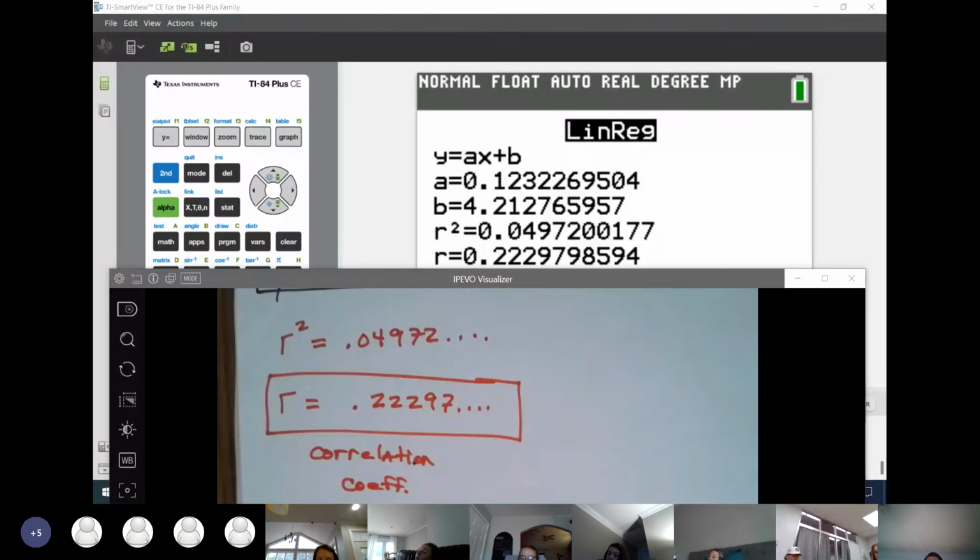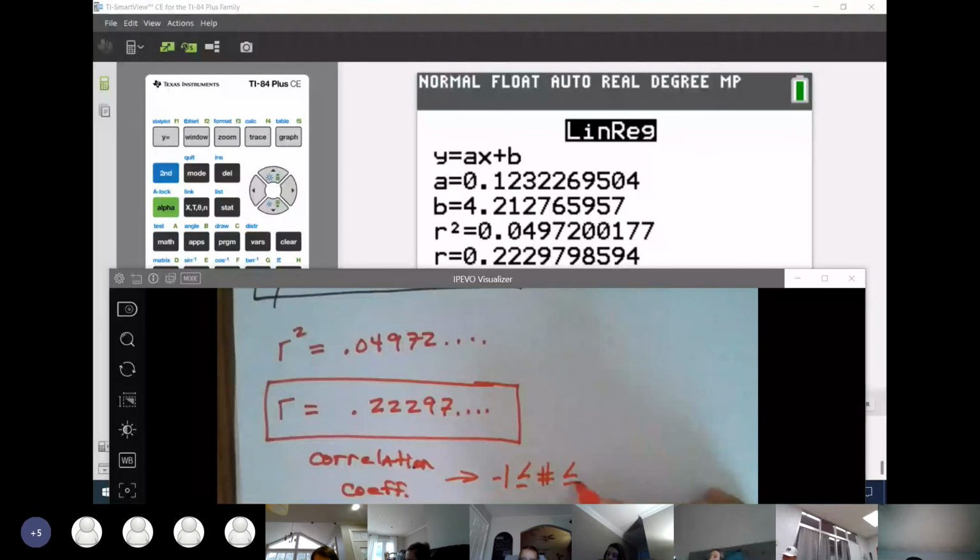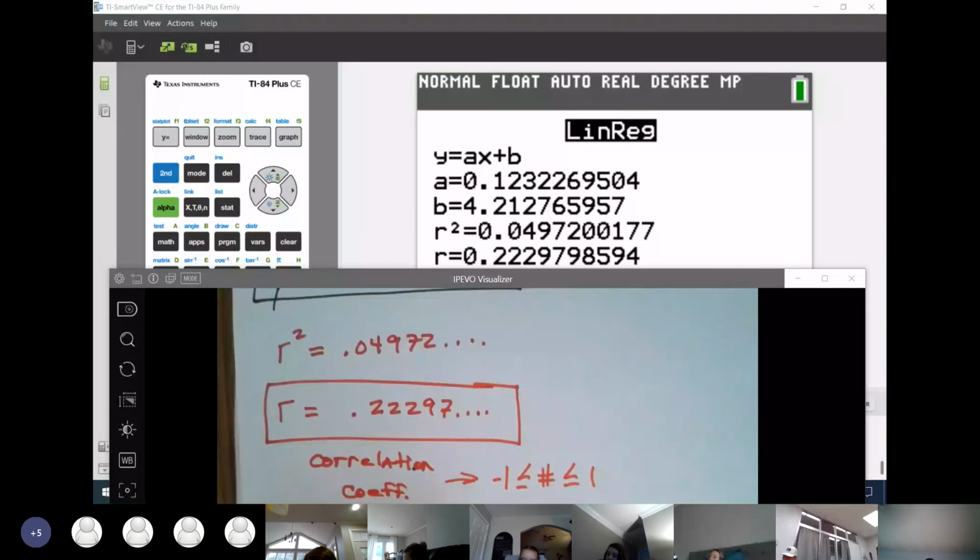The correlation coefficient is a number between -1 and +1.